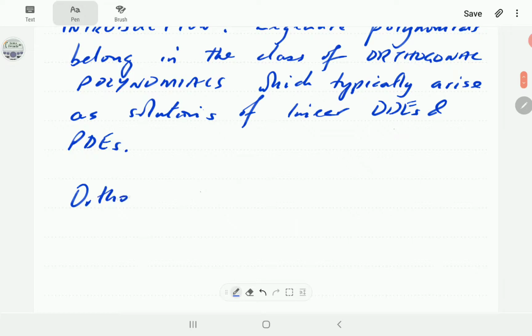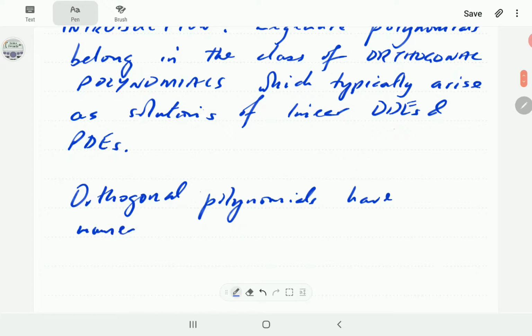So I'm just going to list some of the applications of orthogonal polynomials. We mentioned that these polynomials have numerous applications, including the following.